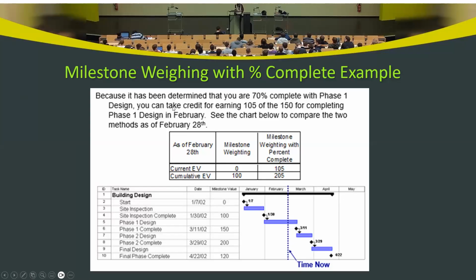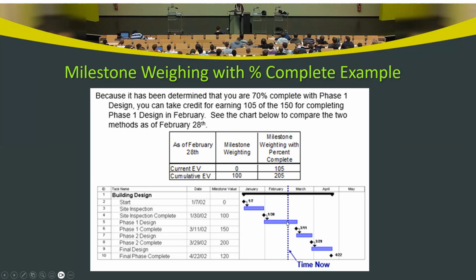But the problem gives us some value here. It has been determined that you are 70% complete with the phase 1 design. It says that you can take credit for earning 105 of the total 150. So 150, when everything is completed, is 150. But since you are at February 28, you have done some work already, because work is in progress.